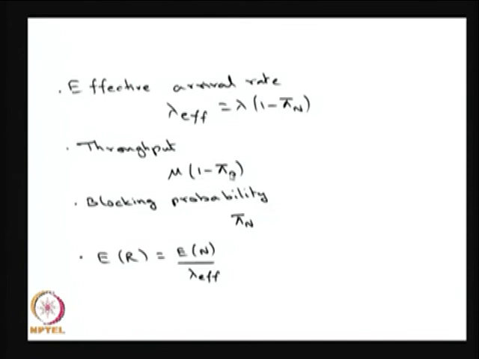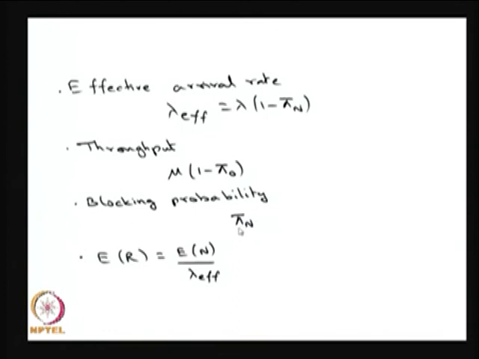Whenever the system is not empty, that probability multiplied by mu is going to be the throughput. By using the time reversible equation, the mu times 1 minus pi naught you can get in terms of lambda effective also, but the throughput is the service rate multiplied by the probability that the system is not empty.